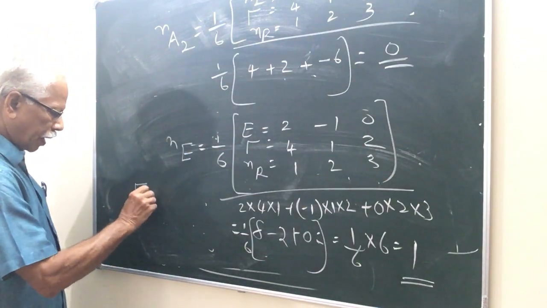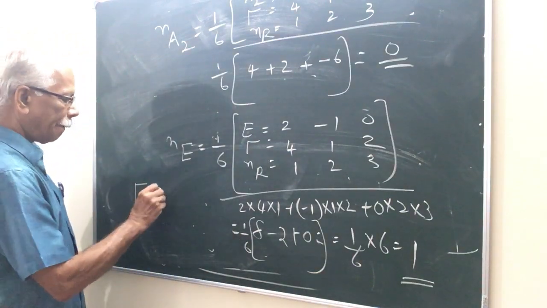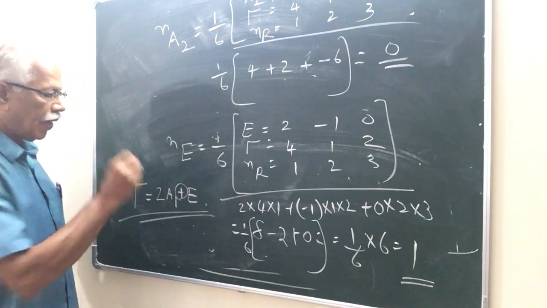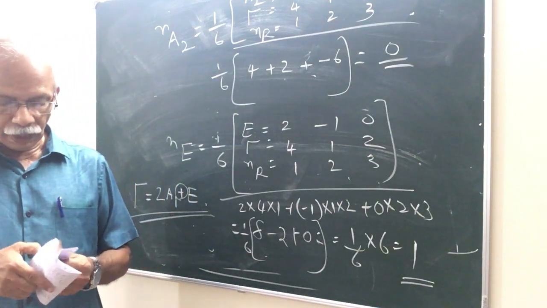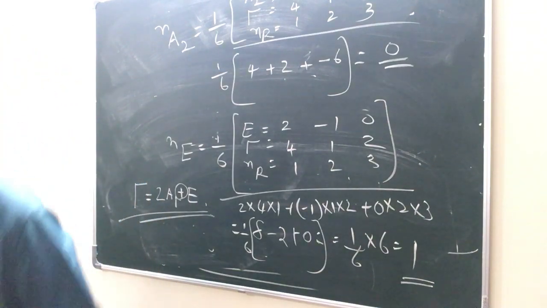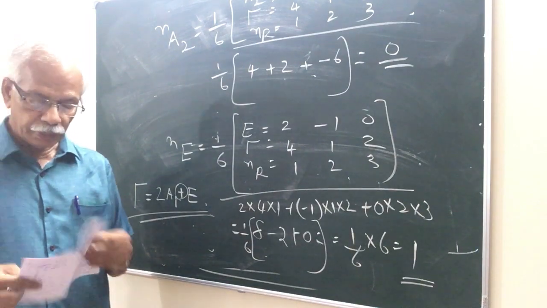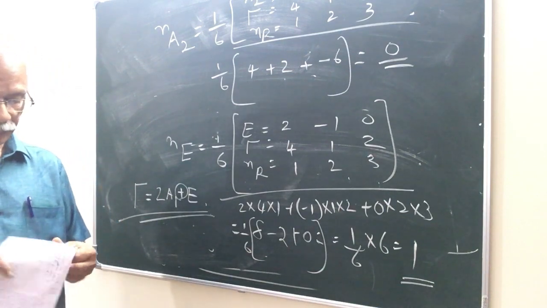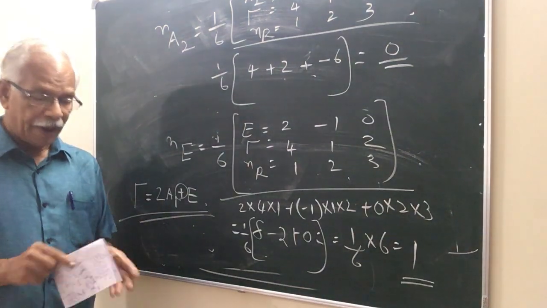So the original reducible representation consists of 2A1 plus E. This is how the factorization is done using the formula. Yes, 2A1 plus E.